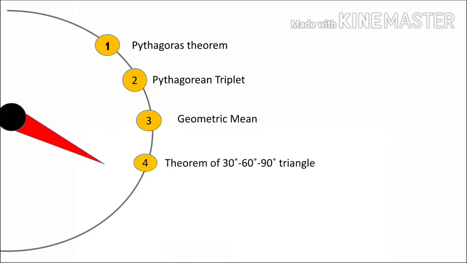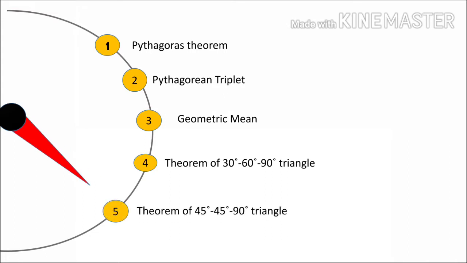That means the second, third, fourth and fifth properties were used in examples 1 to 5.